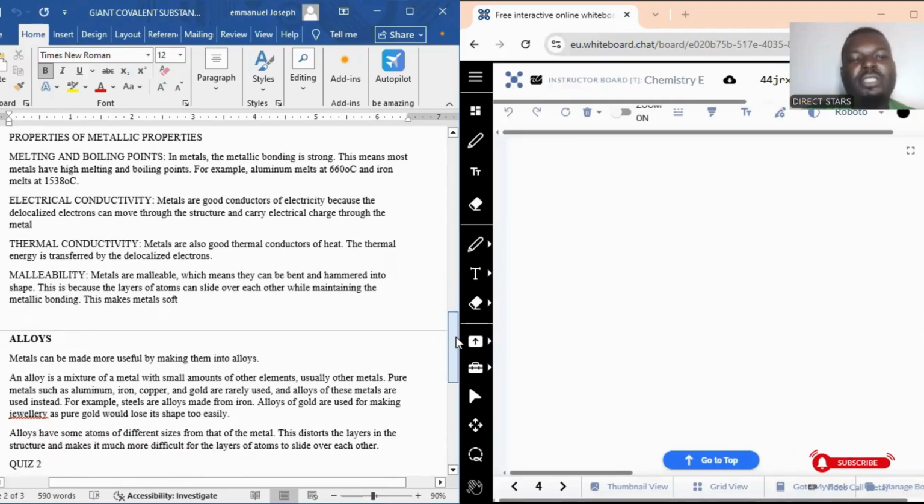Thermal conductivity is for the same reason. These electrons have the ability to move or carry heat from one point of a metal to another. In fact, that is why heat transfer by conduction is mainly possible in metals.